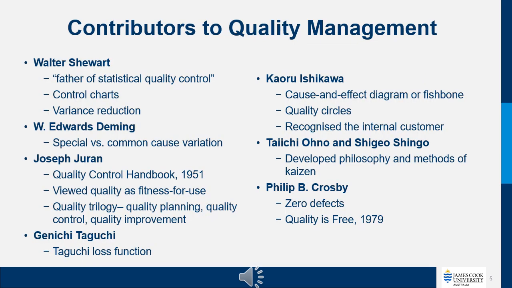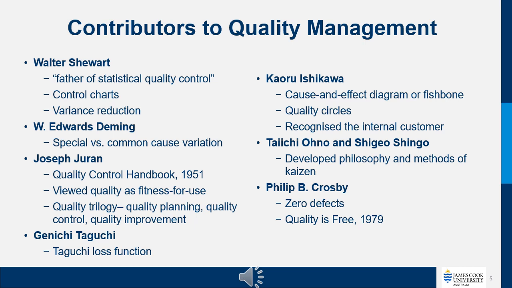Let's have a look at some of the contributors to quality management. We have Walter Shewhart, then Edwards Deming, Joseph Juran, Taguchi, Ishikawa, Ohno, Shingo, and also Crosby. There are many people who contributed to quality management and operations management, and each of them has made a significant contribution. If you look into detail, for example, Joseph Juran contributed the Quality Control Handbook.